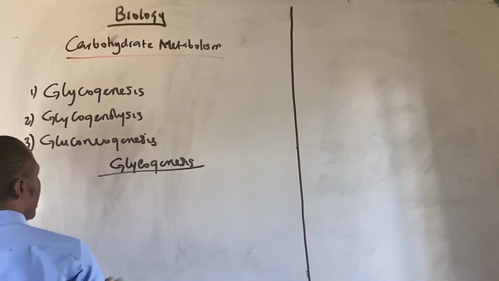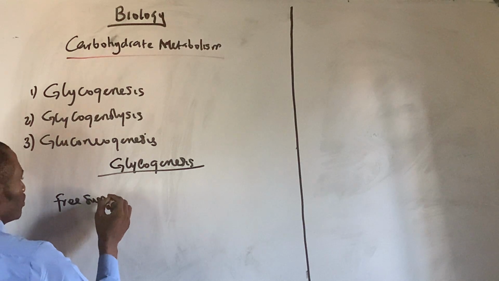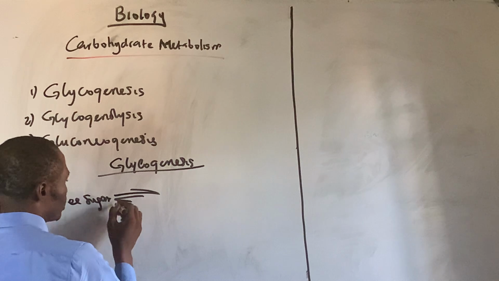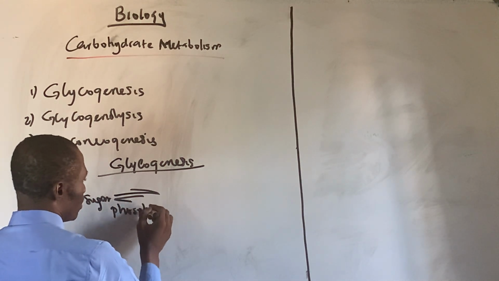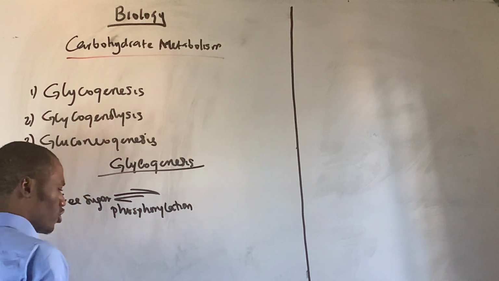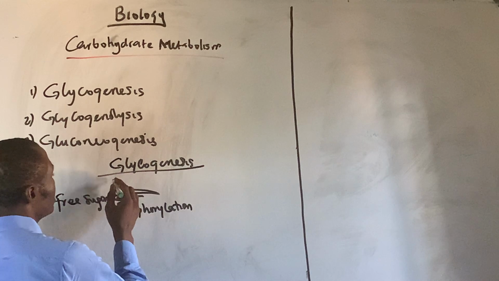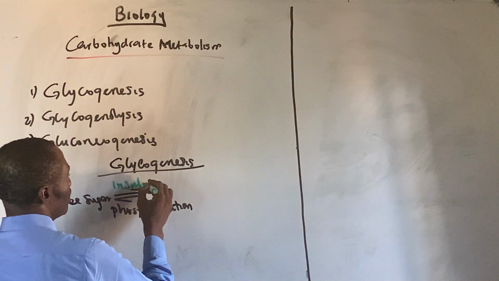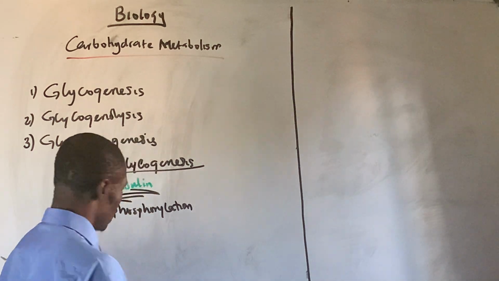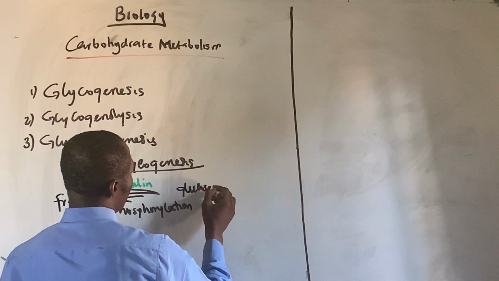So what's happening here is that free sugar is being converted by phosphorylation. That's the process involved. Now, the process of phosphorylation uses insulin, which is a hormone produced from the pancreas.